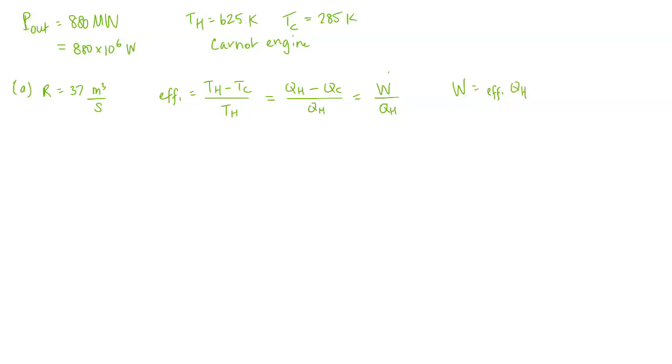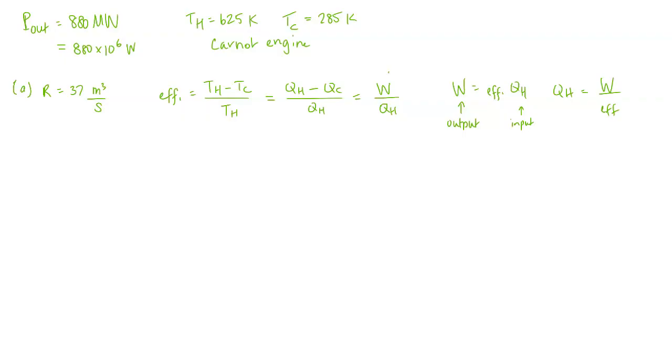So we will be able to find all of this out, right? We'll be able to find that QH will be equal to the work output divided by the efficiency. This is the really key thing. Work is our output. QH is the input energy, and so that's how efficiency becomes the ratio of output to input.